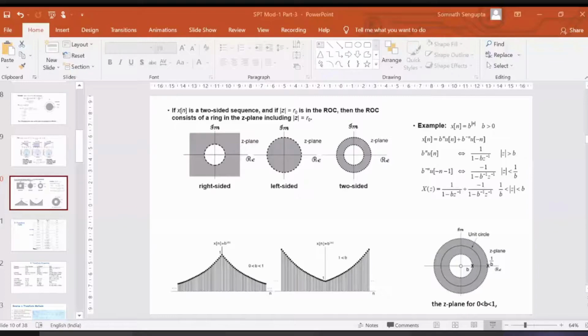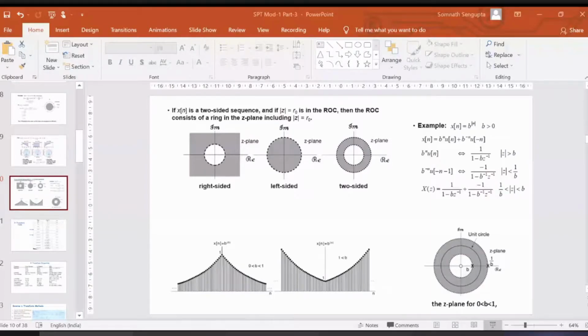We see that it is minus 1 over 1 minus a z inverse, but in place of a it is b inverse. Since it is an anti-causal sequence, the ROC is the interior of a circle of radius 1 by b, mod z less than 1 by b.